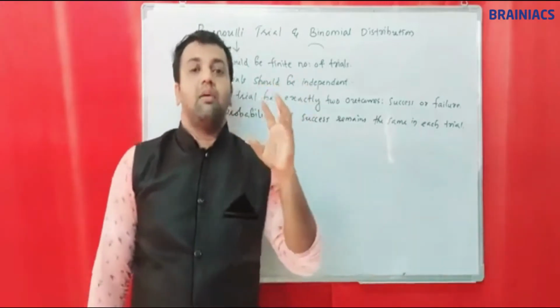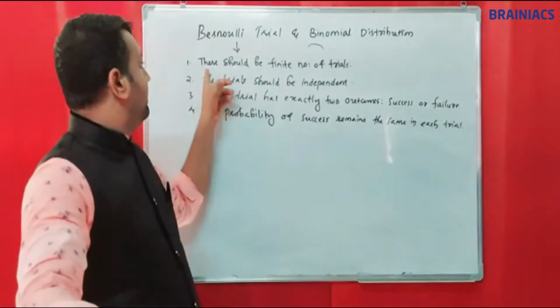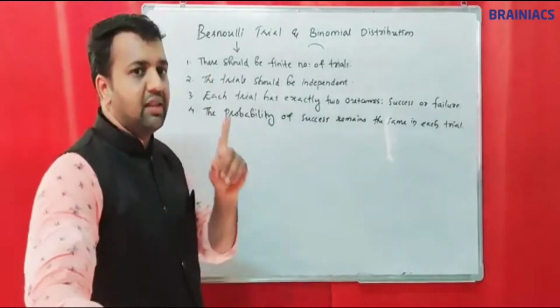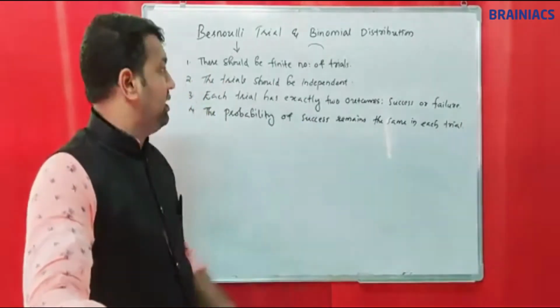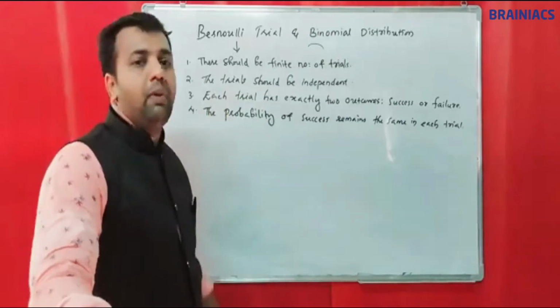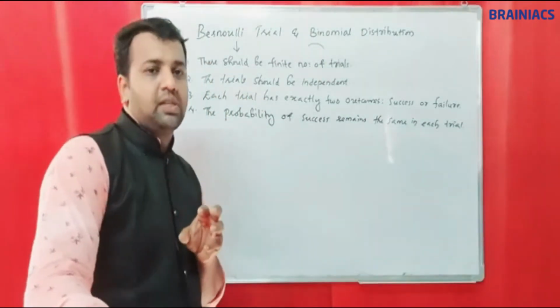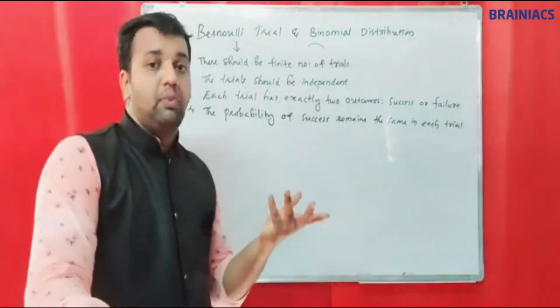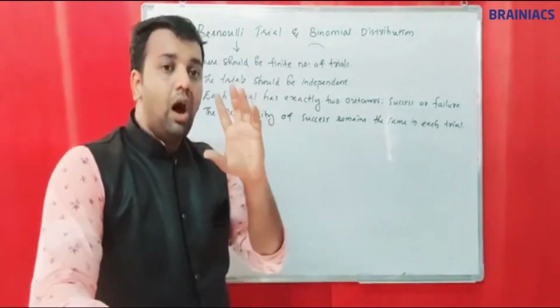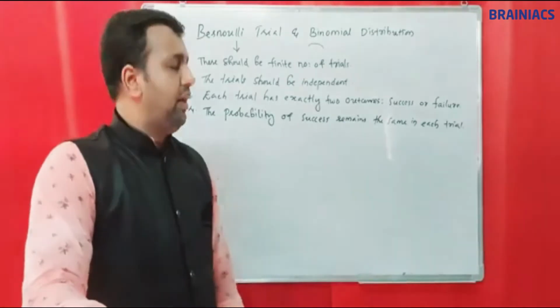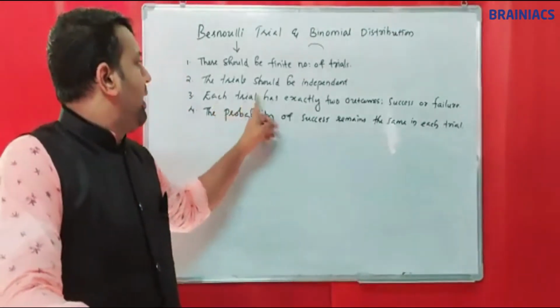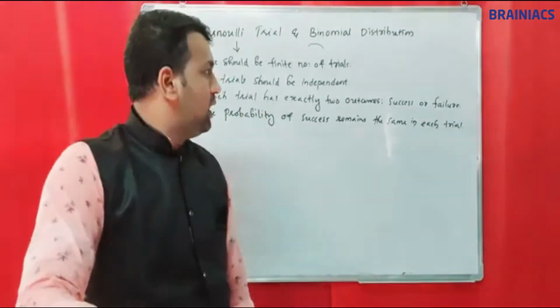So the numbers are finite. That is the first condition. The trials should be independent, because the first trial does not depend upon the second trial, which does not depend upon the third trial. So the trials should all be independent. Each trial has exactly two outcomes: success or failure.